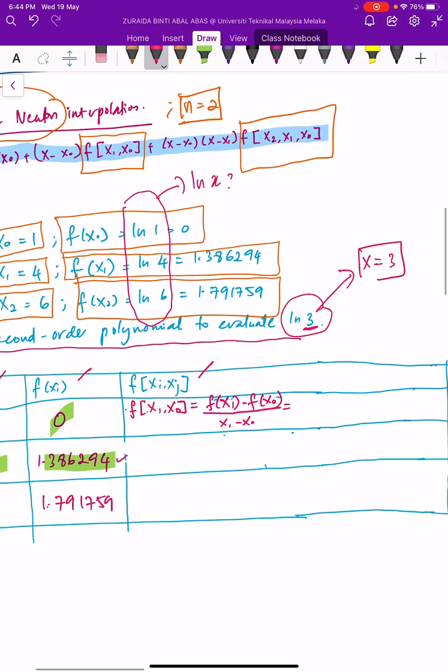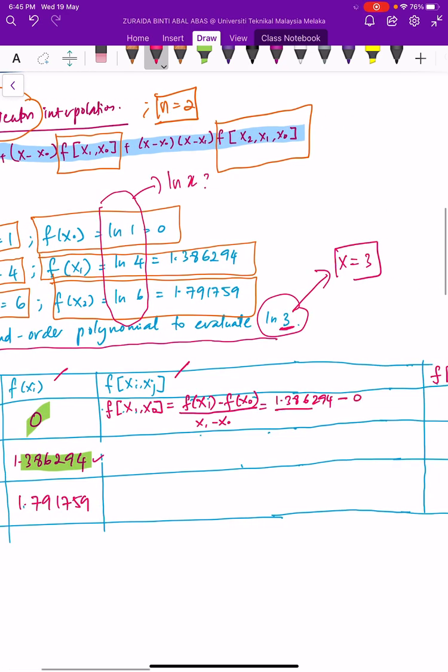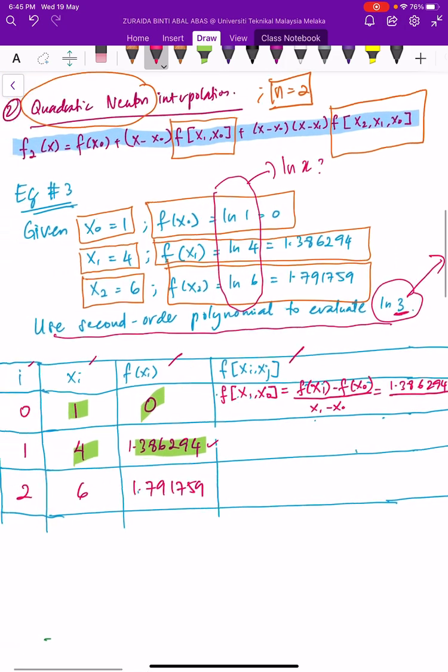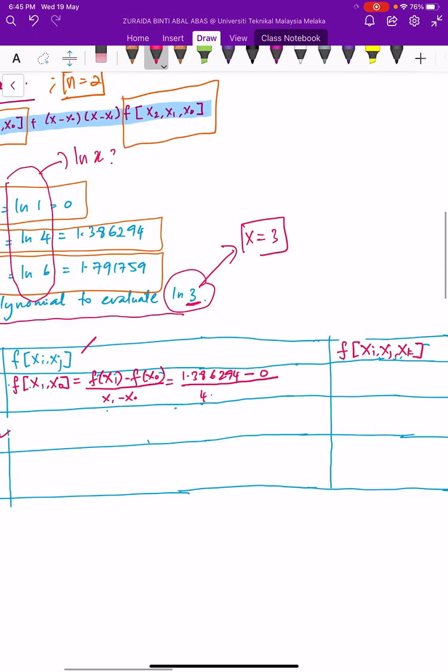So it's going to be 1.386294 minus f(x0), which is 0, divided by x1 which is 4, minus x0 which is 1. So 4 minus 1. And when you solve this, you will get 0.46298.